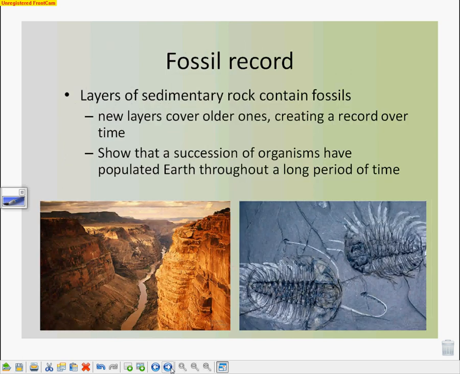So the first thing we're going to look at here is the fossil record. And Ohio is actually a pretty good place to talk about here because most of the rocks here in Ohio are sedimentary rocks, the limestone that we have. The picture down at the bottom right-hand side is of Ohio's state fossil, the trilobite, which would probably have been one of our pill bugs, except it's about the size of a dinner plate, and that would have been a small one.